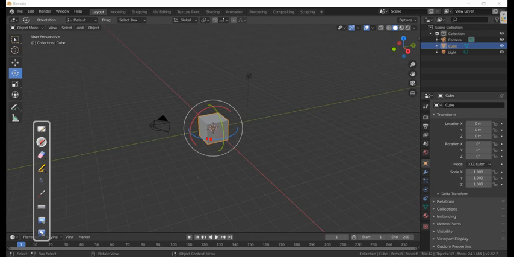Let me try to rotate this thing. Now you cannot actually arbitrarily rotate the object in three dimensions. Arbitrary rotation is not possible.